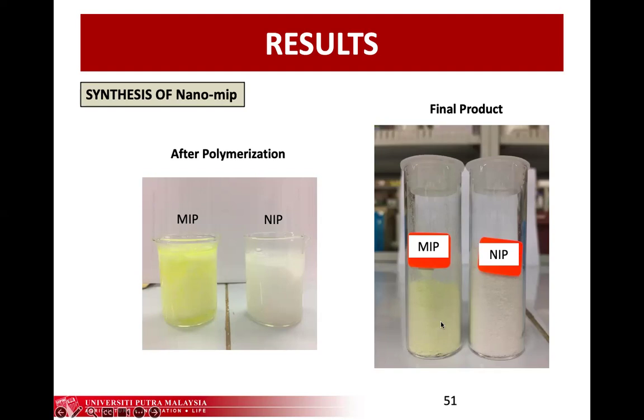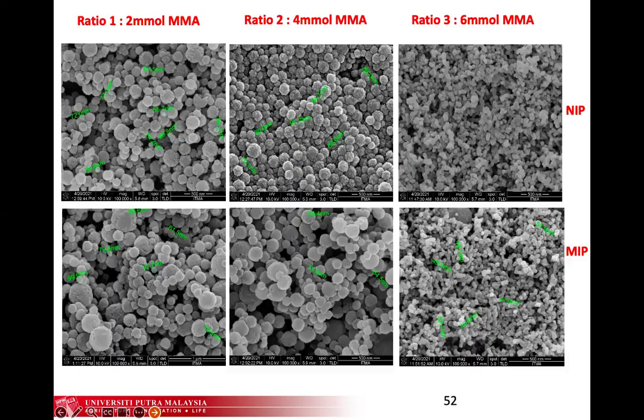It's difficult to have 100% of the PENG removed from the original MIP. So this is the final product. Still, you see the yellow color because it's difficult to extract 100% of the PENG from the imprinted polymer. Again, because this is research-based, showing evidence of the nano sizes is very important.